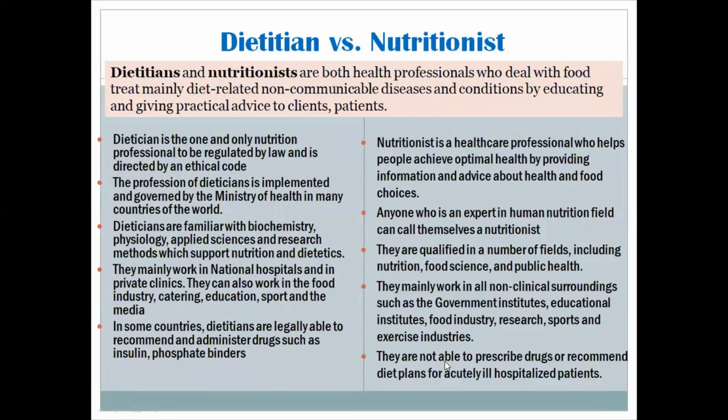While nutritionists are not able to prescribe drugs or recommend diet plans for acutely ill hospital patients. तो अगर कोई ऐसा patient है, so he or she has some sort of disease, so जो nutritionist है, he or she doesn't have a permission to write or recommend some drugs, while dietitian उनको ये right है कि वो यानी कि कोई दवा कोई ऐसी लिख सकते हैं for the betterment and for the cure of that disease. So this is the basic difference between the dietitian and the nutritionist.